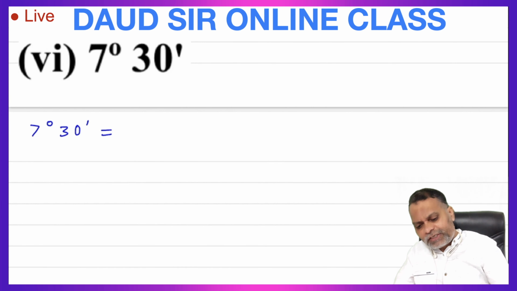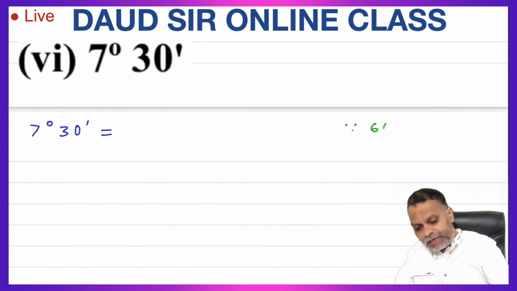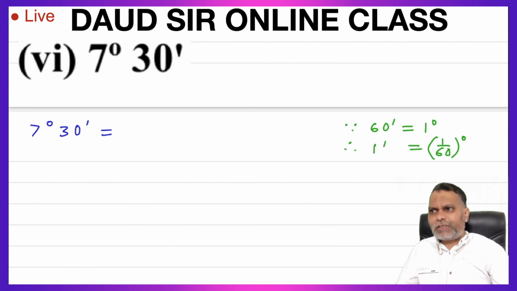Since we have the conversion, 1 degree is equal to 60 minute or 60 minute is equal to 1 degree. So therefore 1 minute is equal to 1 upon 60 degree.